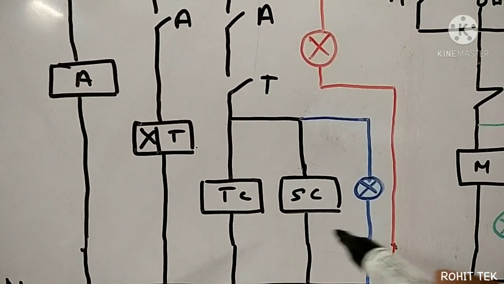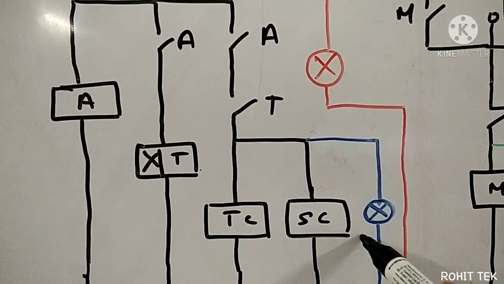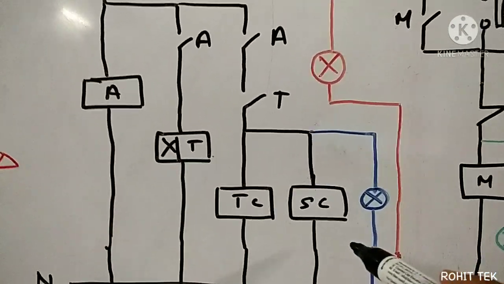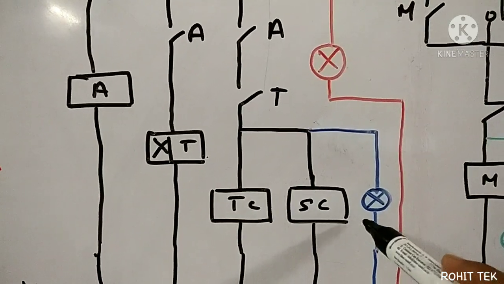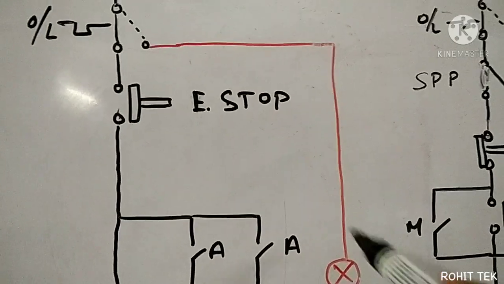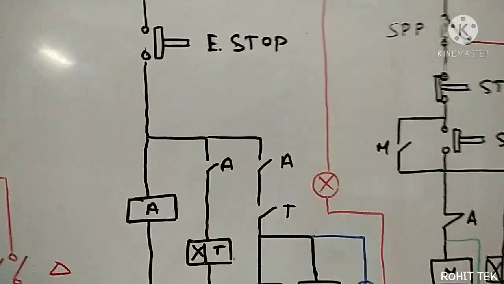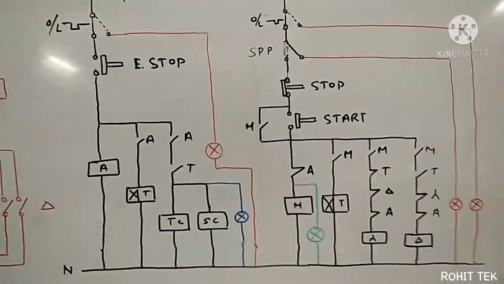Okay, so this indicator indicates the condition of DC injection braking, and this indicator indicates the fault condition of the transformer. Okay, so let's see the working.